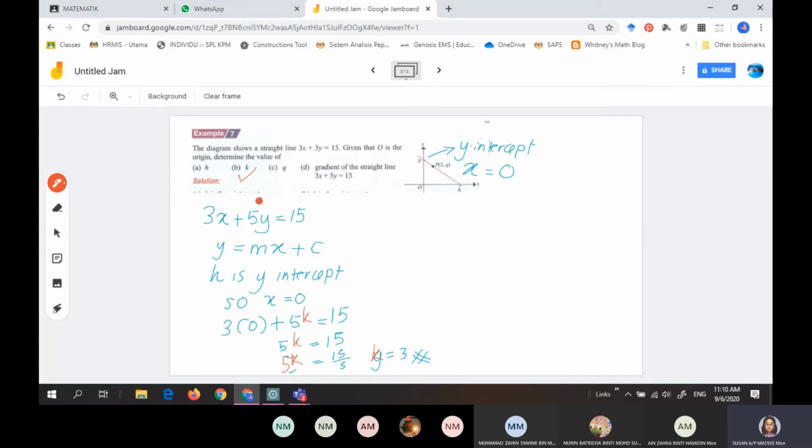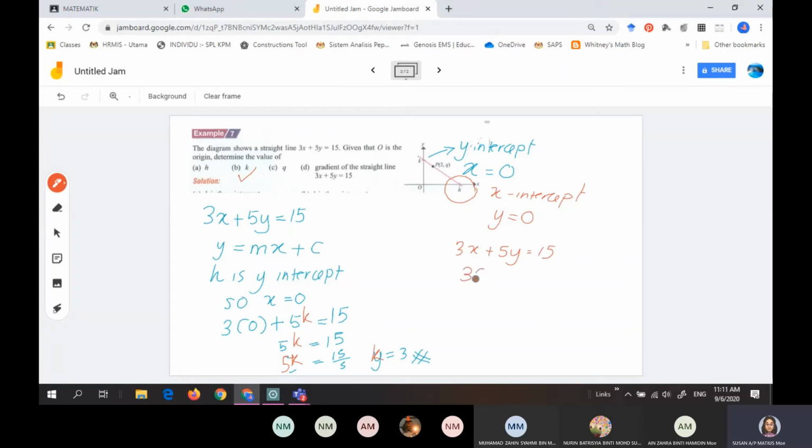Let's look at h. When you look at the point h here, this is the x-intercept. So the value of y is equivalent to 0. We do the same way, guys. 3x plus 5y equal to 15.